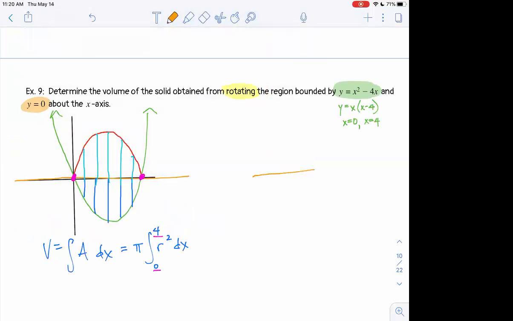So the top part was y equals 0, and then the bottom part was the parabola. And each one of those blue lines represents a radius. So what is the radius? Or let's draw this, okay? This point has an x value of 2. What is the y value that goes with that point?